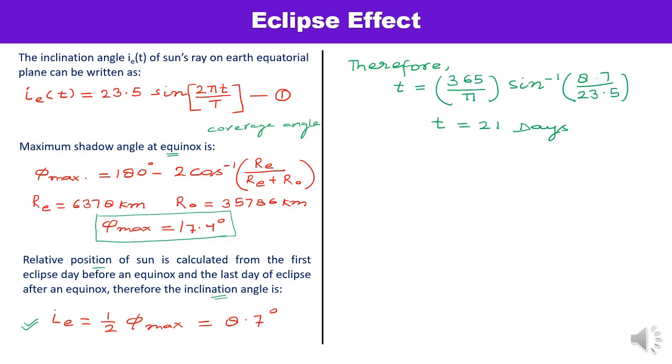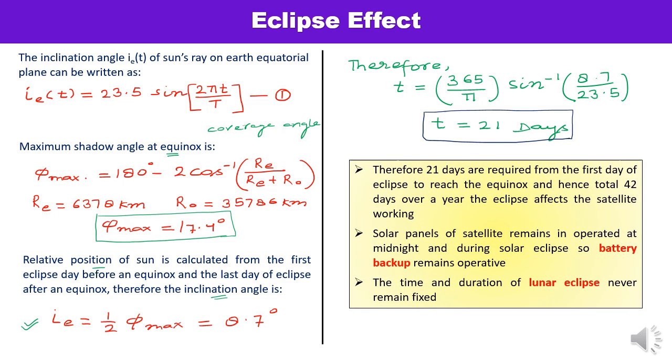Now when you have to calculate the value of small t, from equation number 1, substitute these values. So t is 365 upon pi sine inverse 8.7 upon 23.5. If you simplify it, you will get the value of t, which is equal to 21 days.